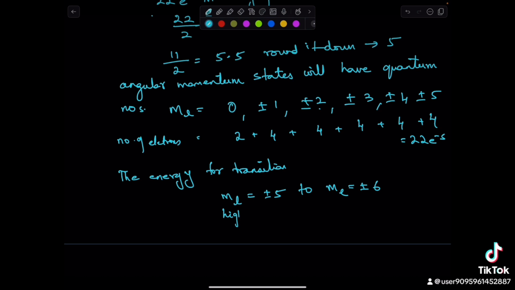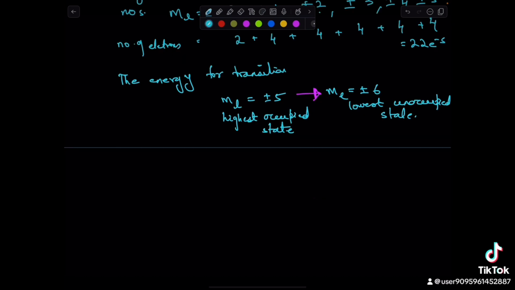So this is the highest occupied state, and this is the lowest unoccupied state. Note that the energies of m_l of plus 5 and m_l of minus 5 are the same. They will be degenerate, and m_l of plus 6 and m_l of minus 6 will also be the same because they both are degenerate.